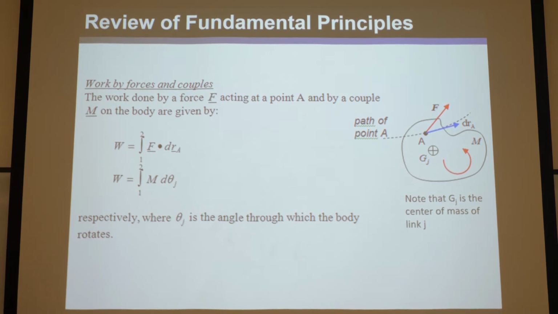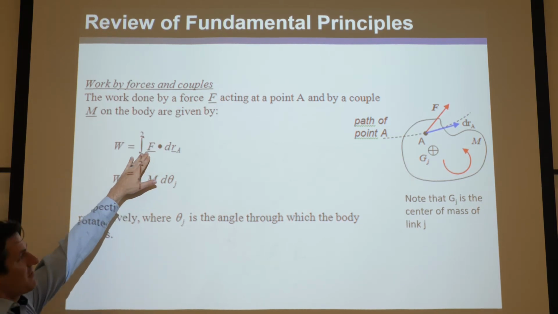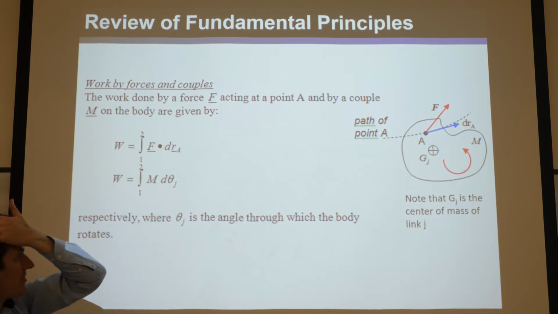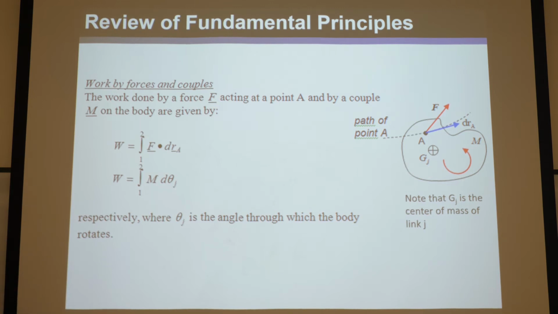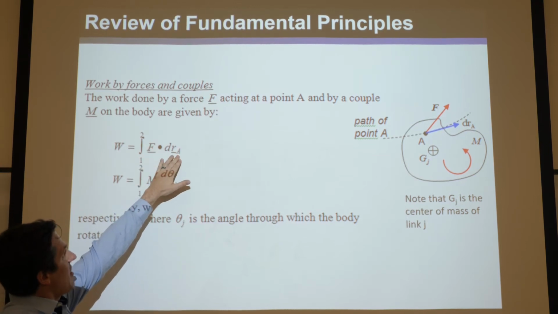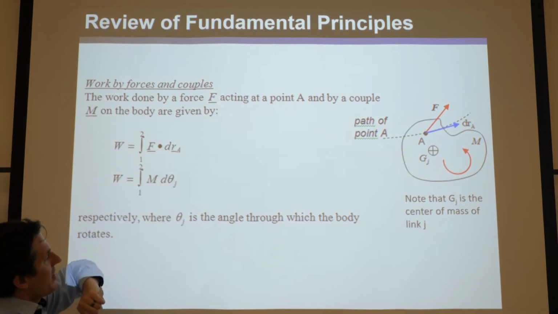So the direction is tangent to the path, but the magnitude is infinitesimal. And then you've got a finite force, which is also of course a vector with a magnitude and a direction. Even though the force doesn't necessarily have a location, we know it's acting at A, and the knowledge of that is in the r.